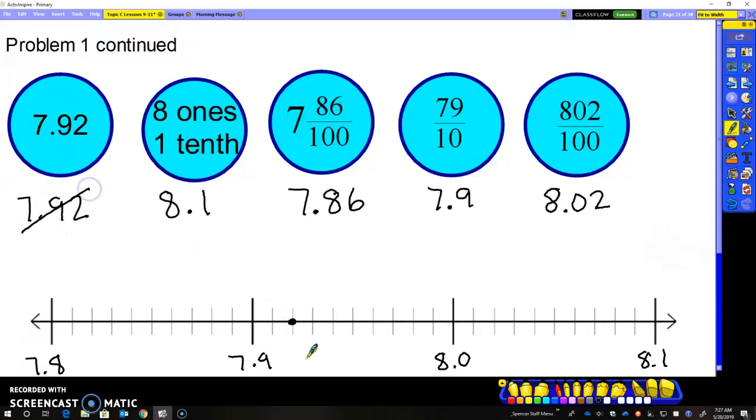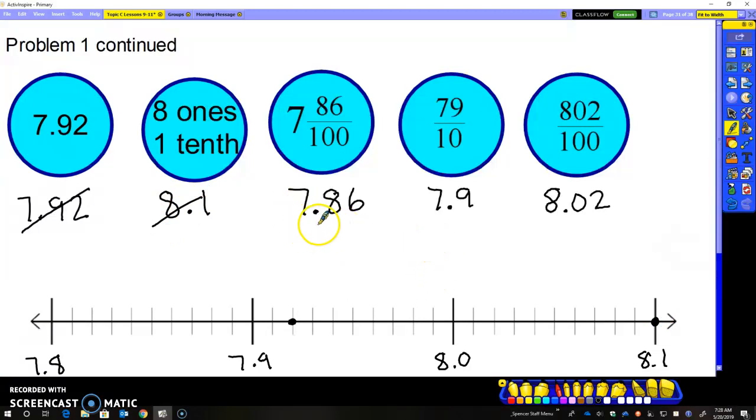I'm going to cross it off when I do it. This next one I have 8.1. So I'm at 8, and now I'm at 8.1 way out here. It was the next tenth. So cross that one off.